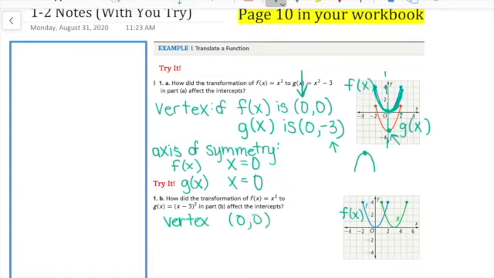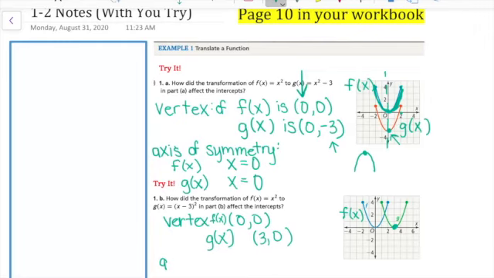That didn't change. For g of x, now it is at (3, 0). So notice that the 3 is on the inside and it has a negative attached to it, but it was really positive. It went right.